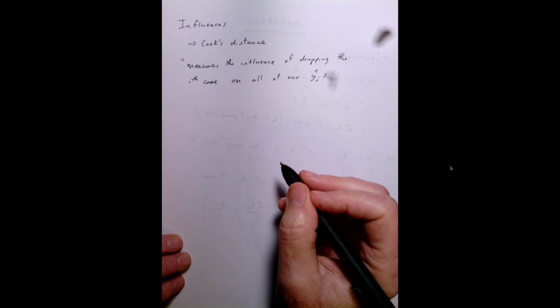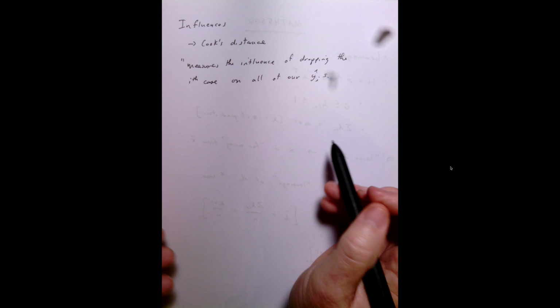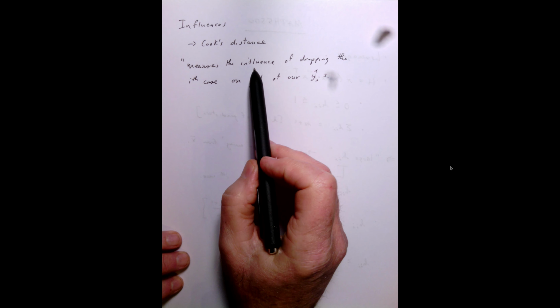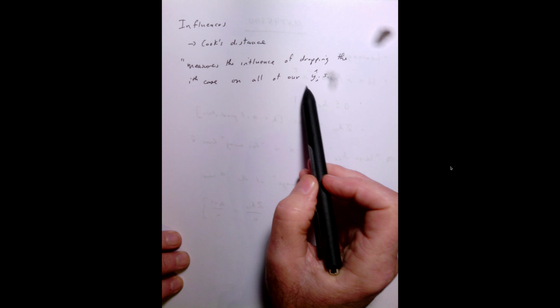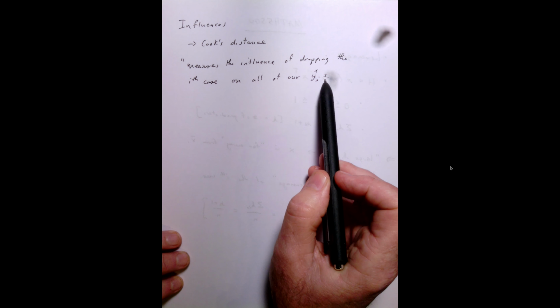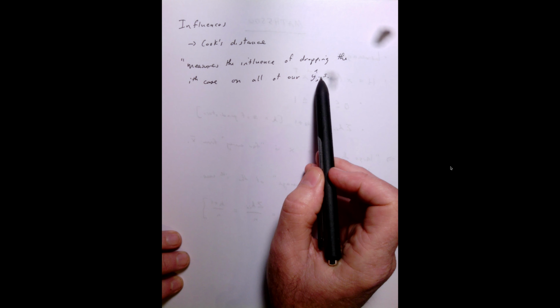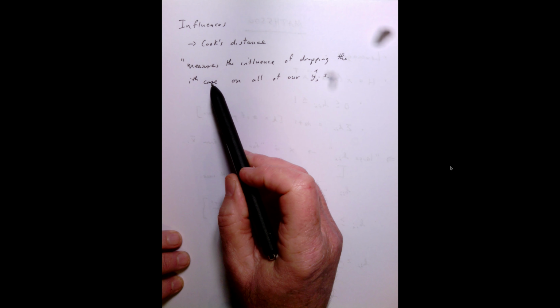All right, so we have other measures where we can drop the ith case and it'll give us an indication of how that particular predicted value, the predicted value for that particular case, changes.